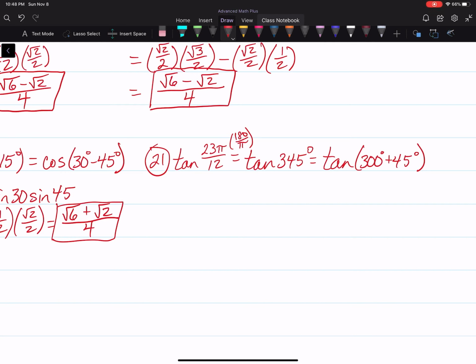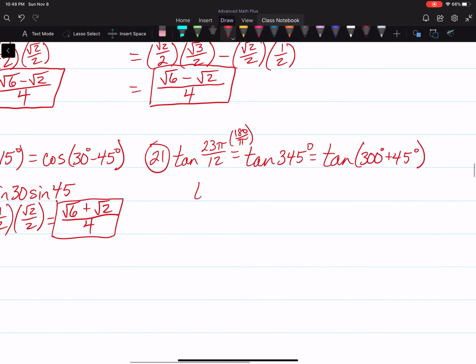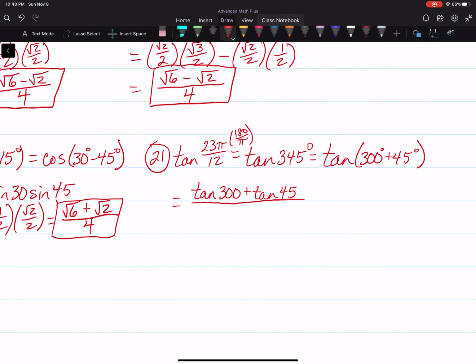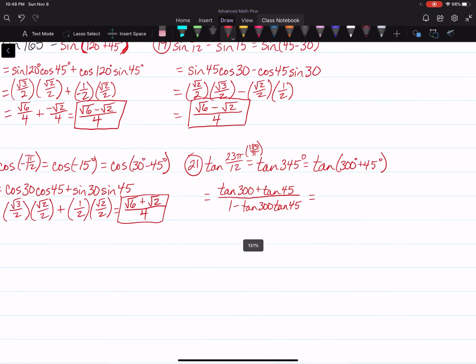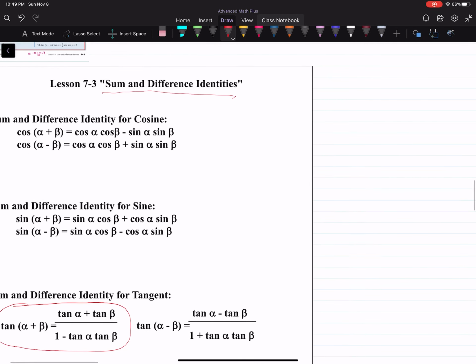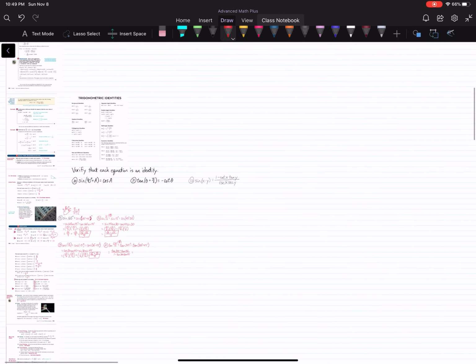So that was tangent of 300 plus the tangent of 45 over 1 minus the tangent of 300 tangent of 45. Now let me make sure I got that equation right. Yep, positive on top, negative on the bottom. We're good.